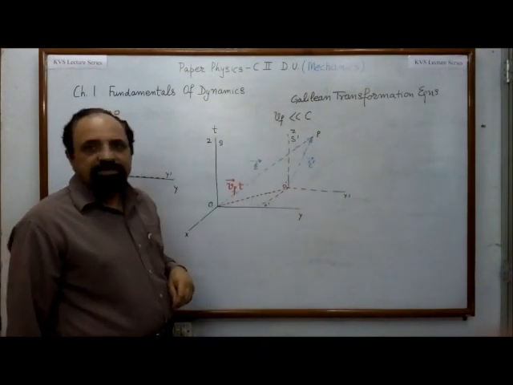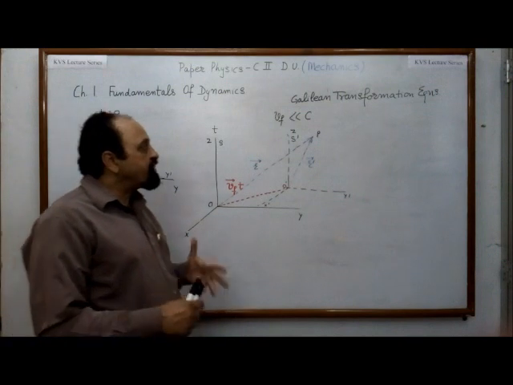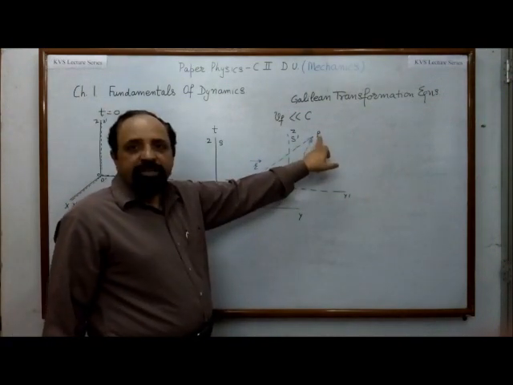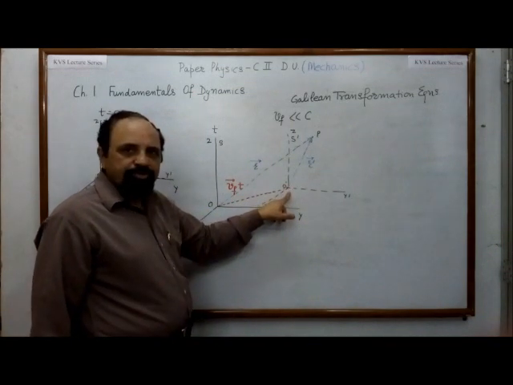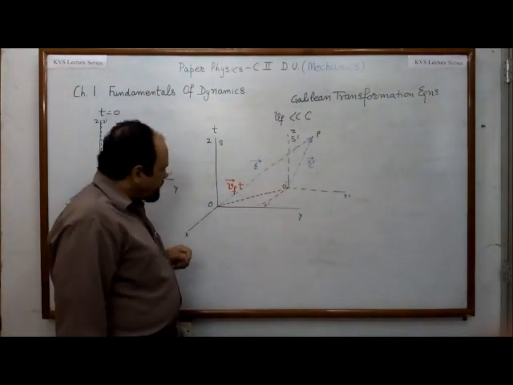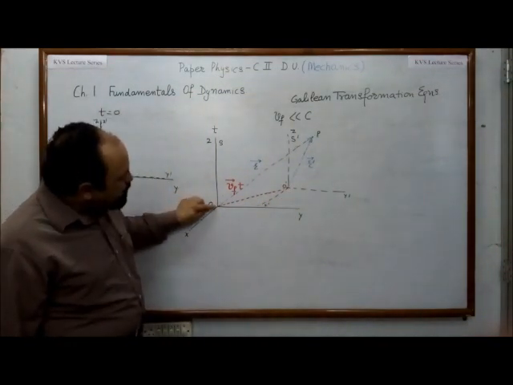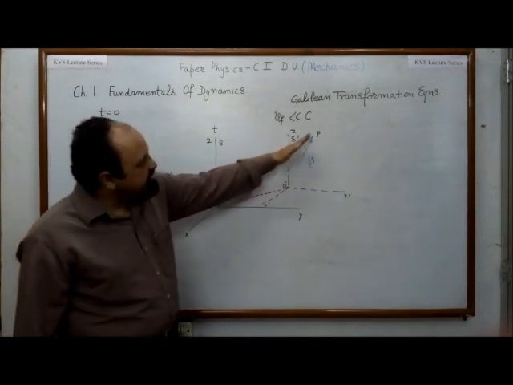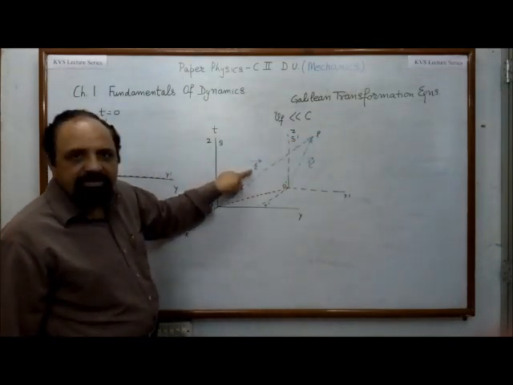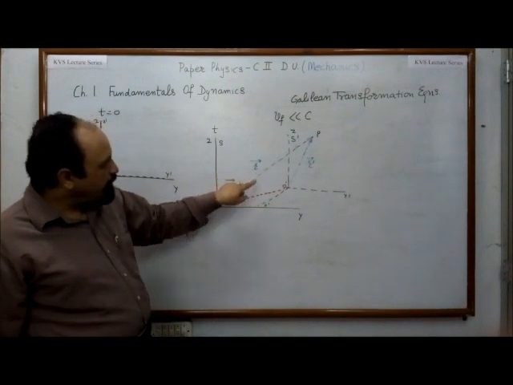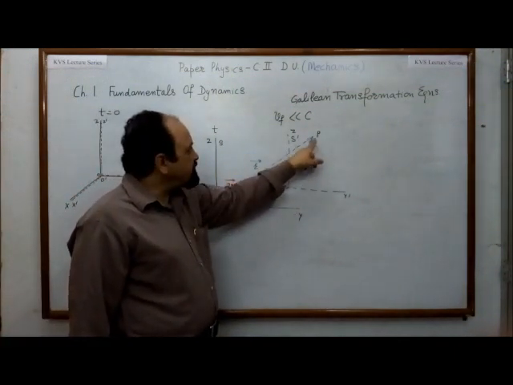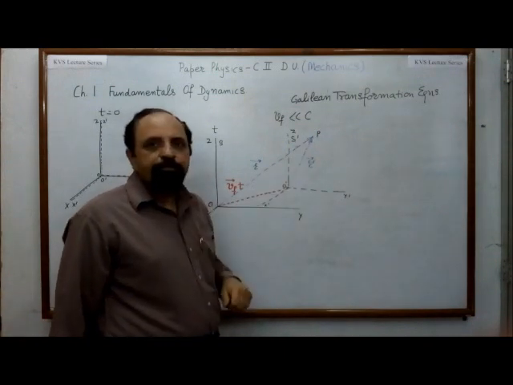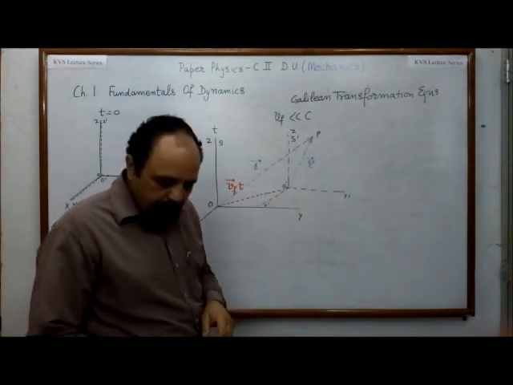Now at this time t, I am supposed to give the position of this point P from O as well as O'. From O, the position vector is R vector. From O', the position of this point P is given by R' vector.